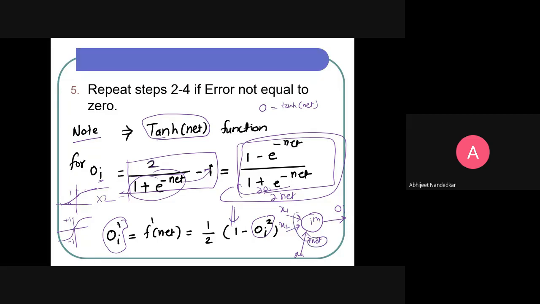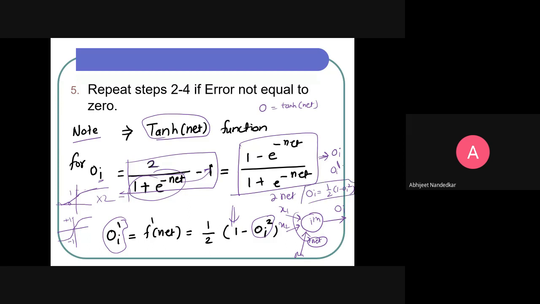This net I will substitute into this equation, which will give me some output OI. Then I need f dash of this, or OI dash. How do I obtain it? OI dash is equal to half into 1 minus OI square.